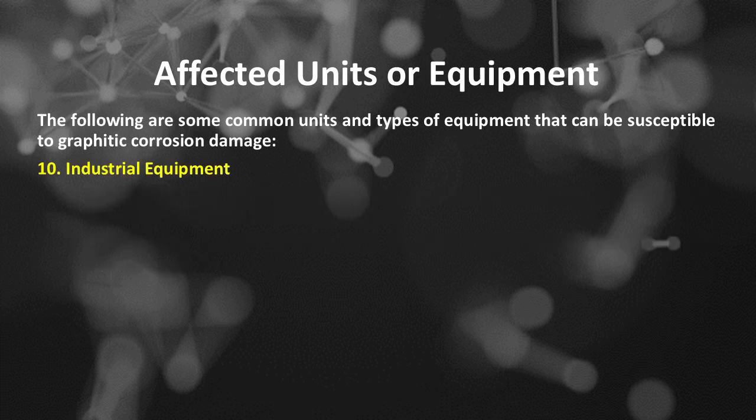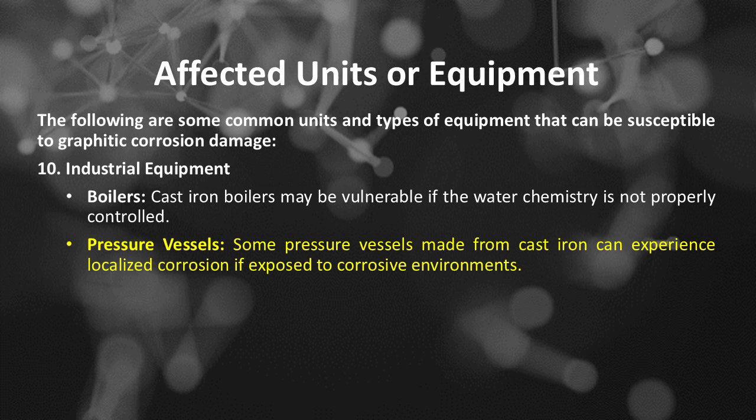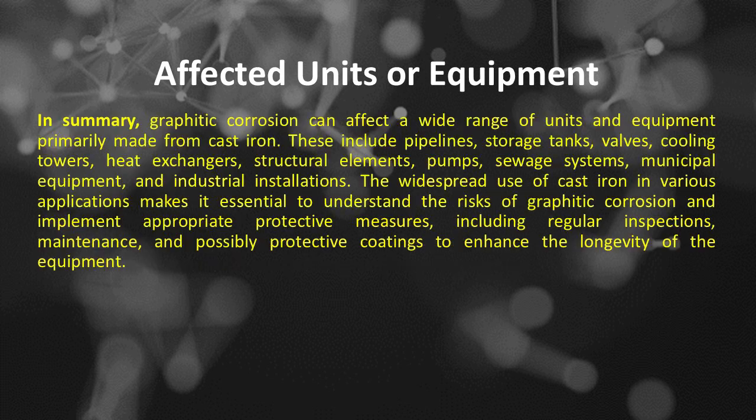Number 10 is industrial equipment. Boilers, cast iron boilers may be vulnerable if the water chemistry is not properly controlled. Pressure vessels, some pressure vessels made from cast iron can experience localized corrosion if exposed to corrosive environments. In summary, graphitic corrosion can affect a wide range of units and equipment primarily made from cast iron.